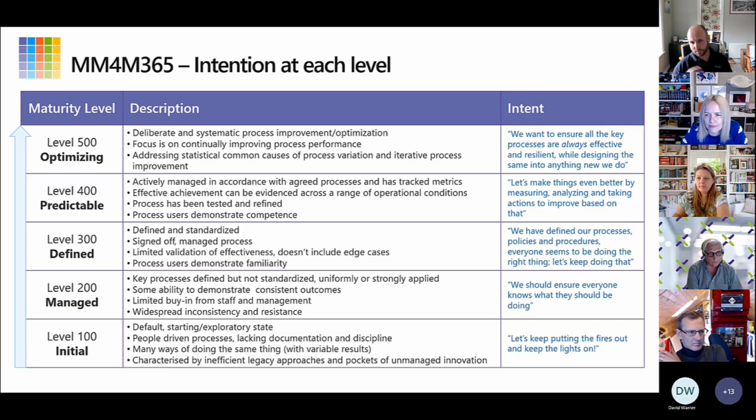Level 300, we've got a defined way of working, and we want to make sure that people are doing that and it's being consistent. Level 400, we're measuring, analyzing, and taking actions to make improvements. And level 500, that nirvana, where AI is doing everything, and we're making an innovative organization which is constantly improving.